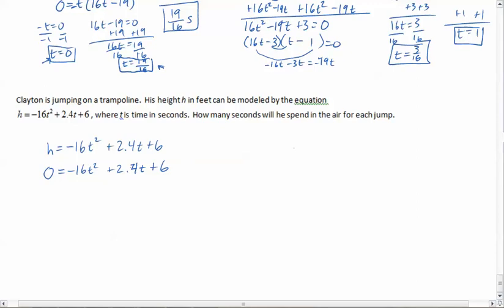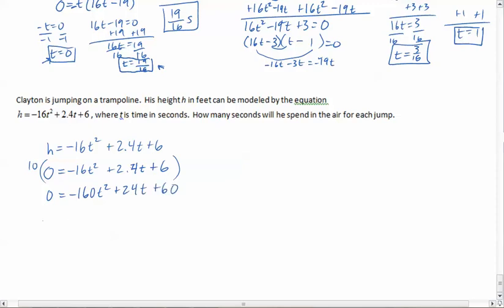And so what I'm going to do is, you can either turn this into a fraction and get rid of the thing on the bottom, or another thing you can do is, I know that if I multiply everything by 10, then that will give me negative 160t squared. That will now be plus 24t and then plus 60.